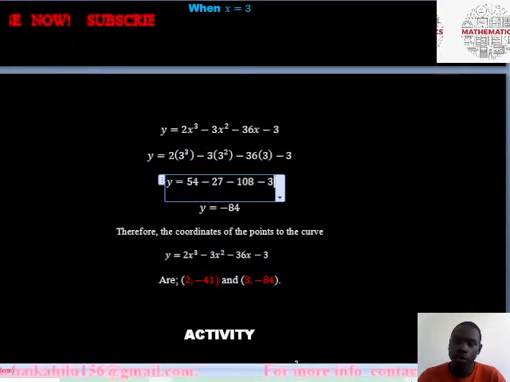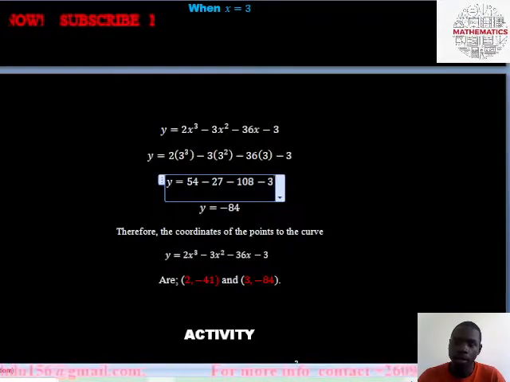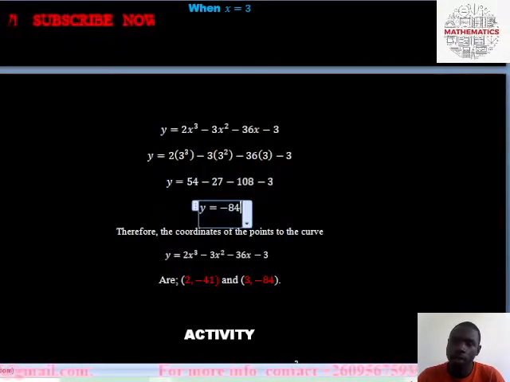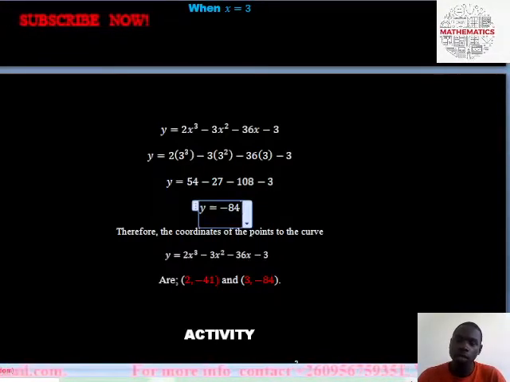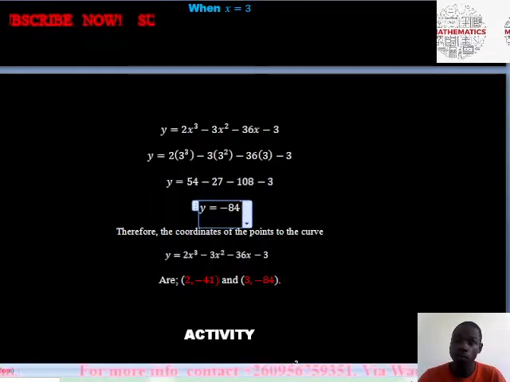y is equals to 54 minus 27 minus 108 minus 3. Again, when you punch those, it will definitely give us -84. Hence, we have two values of x, we have two values of y.